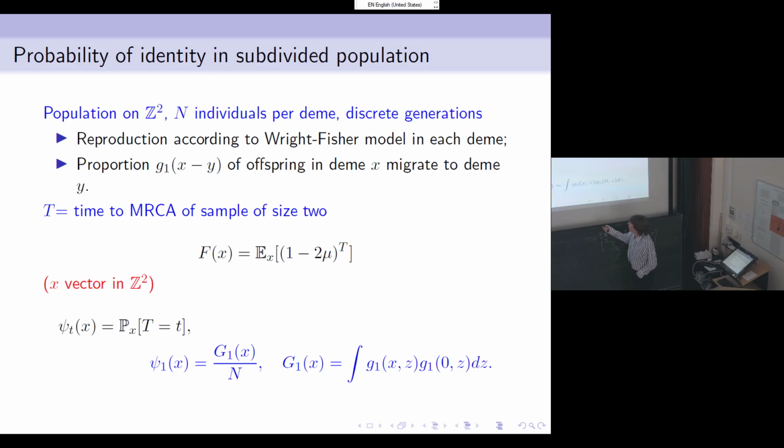So if t equals 1, the probability that my individuals had a common ancestor is, well, first of all, they've got to have had their parents in the same deme. And remember, individuals were migrating according to this kernel.